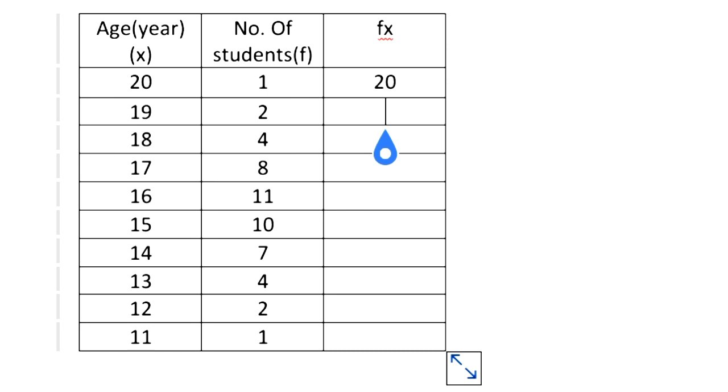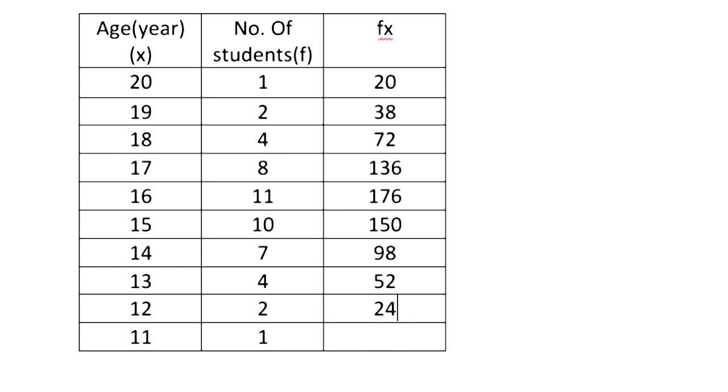Then 19 into 2, 38. 18 into 4, the value is 72. 17 into 8, 136. 16 into 11, 176. 15 into 10, 150. 14 into 7, 98. 13 into 4, 52. 12 into 2, 24. Then 11 into 1, 11.